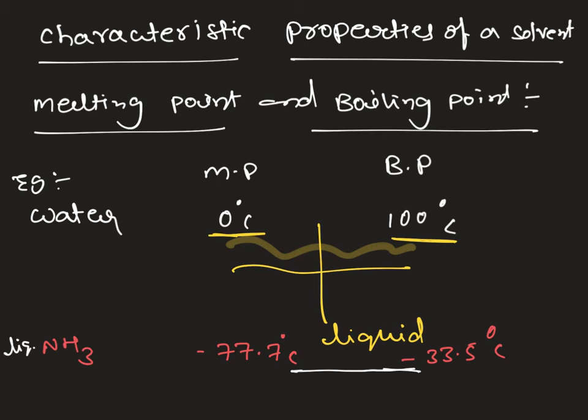But above this temperature, it is converted into vapor. Below this temperature it is converted to solid. We cannot use it as a solvent. So melting point and boiling point always give information about the temperature range in which we can use a particular solvent. This is one characteristic property of a solvent.